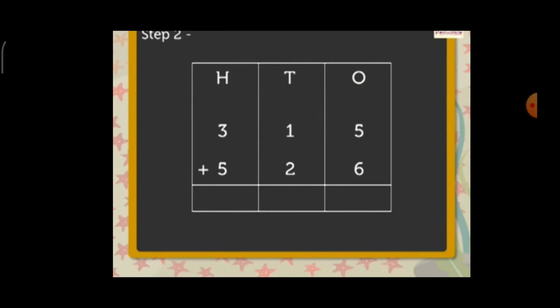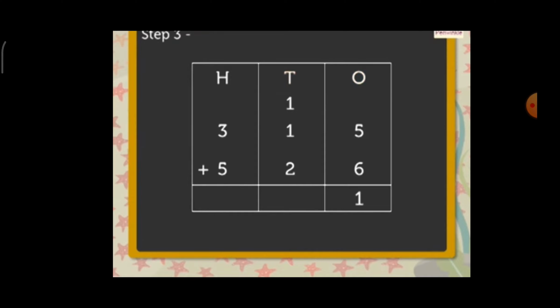Add the digits in the ones column. That is 5 plus 6 is equal to 11. Regroup the 11 ones. That is 11 ones is equal to 1 ten and 1 one. Carry the 1 ten to the tens column and write 1 in the ones column.